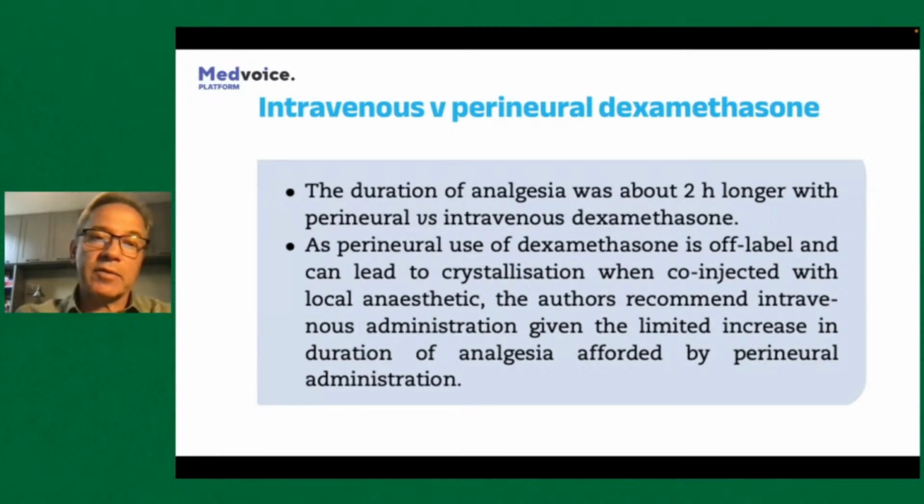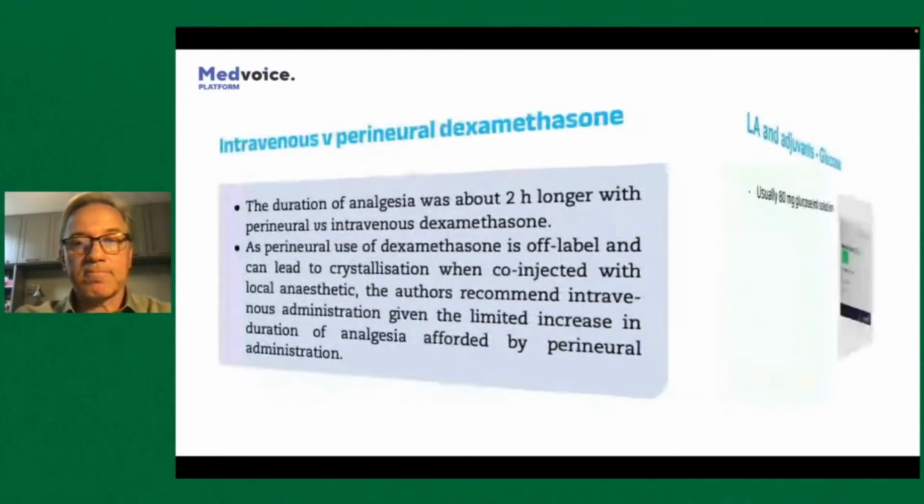So they reckon that for the sake of a couple more hours, it's not worth taking the risk. So if you're using regional anesthesia, give intravenous dexamethasone, it will still increase the duration of the block. It will still enhance the quality of the block, and it's easier than adding it to the local anesthetic solution, risking the precipitation.